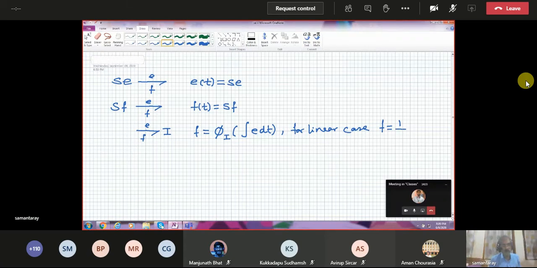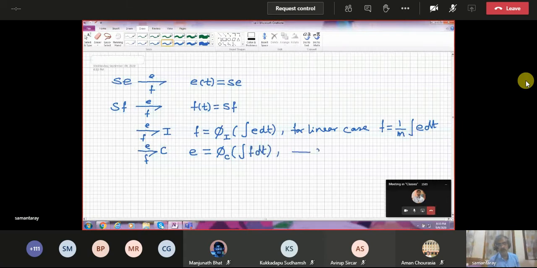We also have the C element, with E and F. Here effort is some function of C type, let's say, of the integration of flow dt. Or in the linear case, effort equals some stiffness times the integration of flow dt.